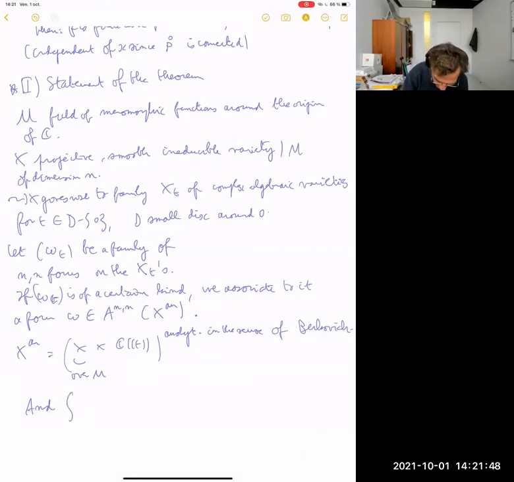For every t, I can integrate on X_t omega t, and then it tends to. So this is the usual sense, and this is the sense of Chambert-Loir and myself.